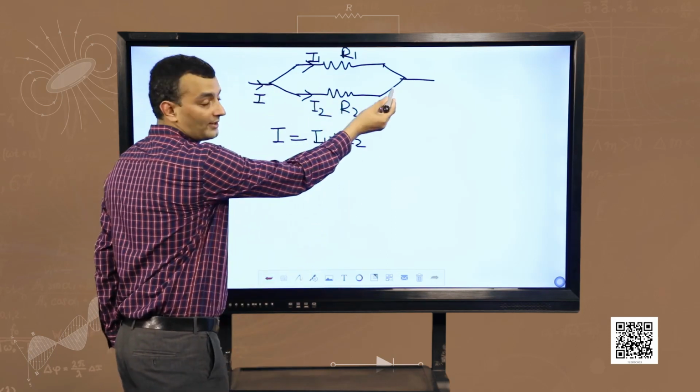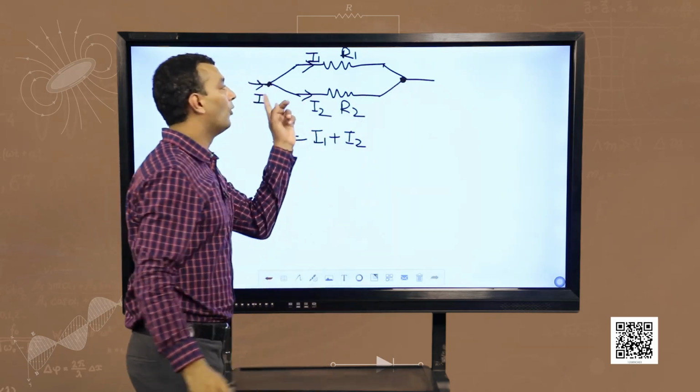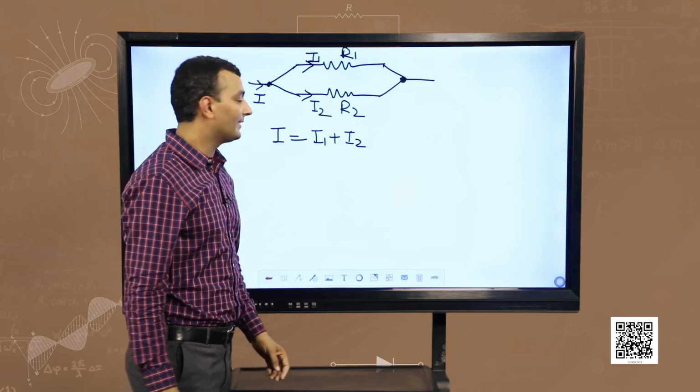Since both the resistors are connected between the same points, the voltage across them is obviously the same.